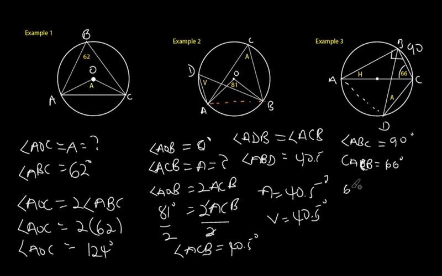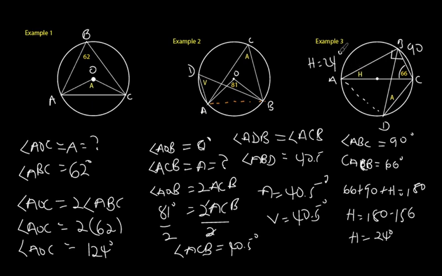We have 66 plus 90 plus the h we have over here, h is equal to 180. So h is 180 minus 90 plus 66, which will give us 156. So h is equal to 180 minus 156, which will give us 24 degrees. So the angle h over here is 24 degrees.